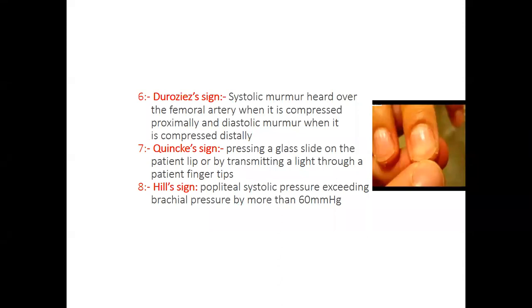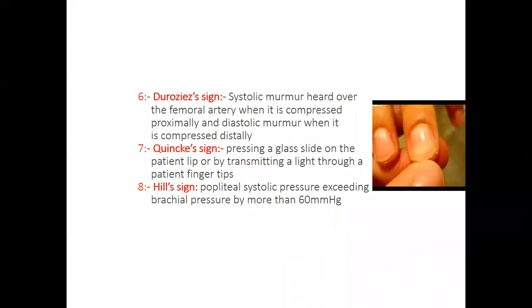So this is the method of examining the femoral artery. If you compress the femoral artery proximally, you will hear a systolic sound, and if you press the femoral artery distally, you will hear a diastolic sound, the diastolic murmur. So this is a combination of both systolic and diastolic murmurs while putting pressure on the proximal and distal femoral artery and listening with the stethoscope. And this sign is known as Duroziez's sign.